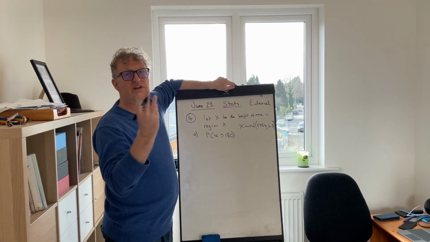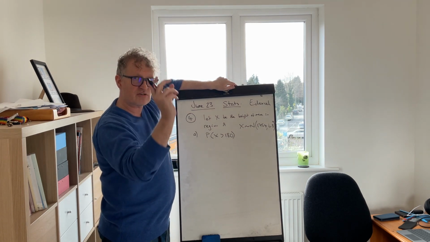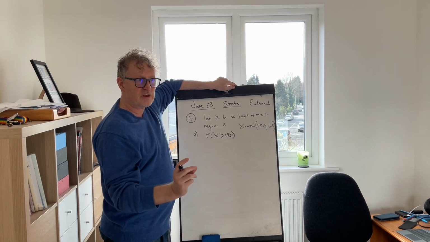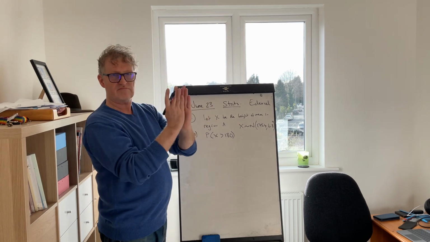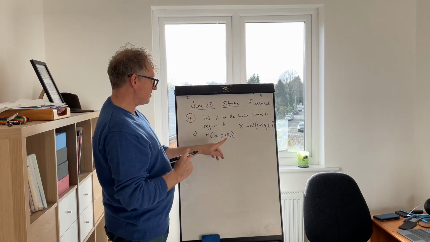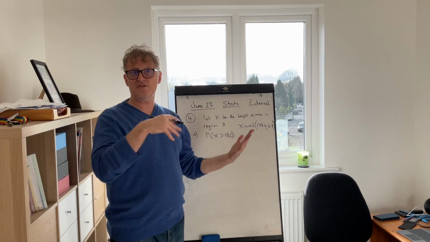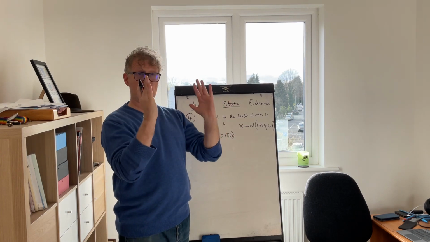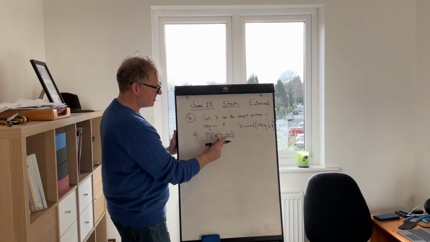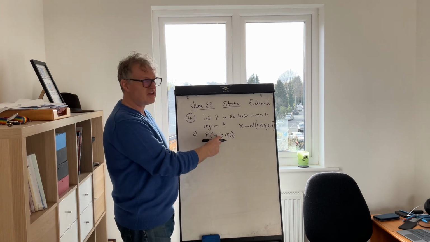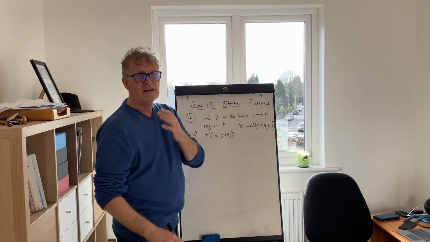You talk about regions, you talk about areas under the graph, and the area dead on 180 is 0 because it has 0 width. You would talk about between 179.5 and 180.5, you can look at that range, but technically dead on 180 is 0. So you don't actually need to have an equal to here. You can put an equal to, they're not going to penalise you at all.